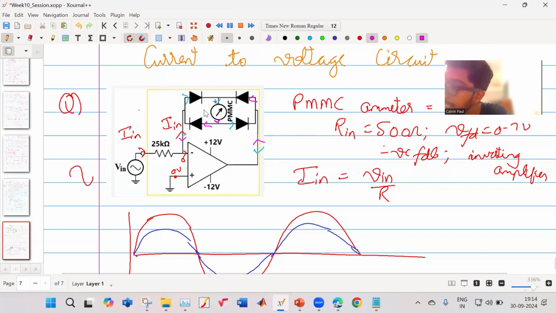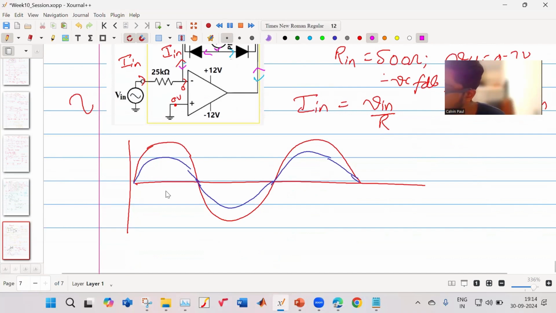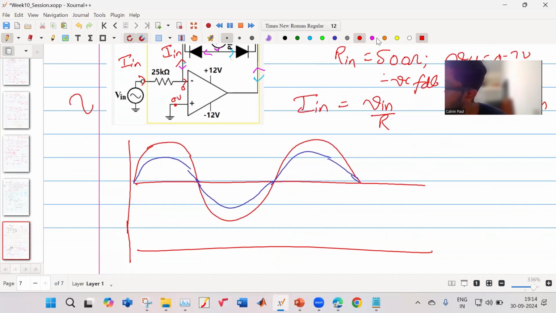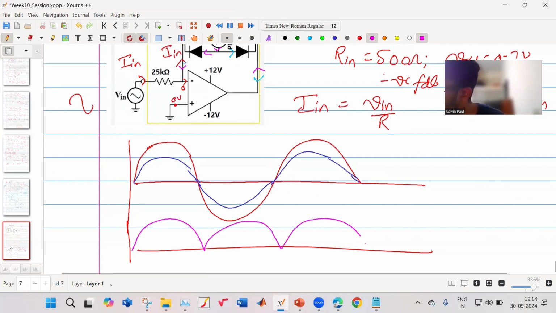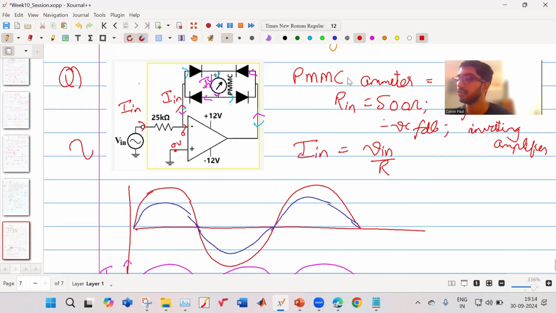So the current over here, this current Ix, will be like this. Okay, this is the current Ix. Any doubts so far?